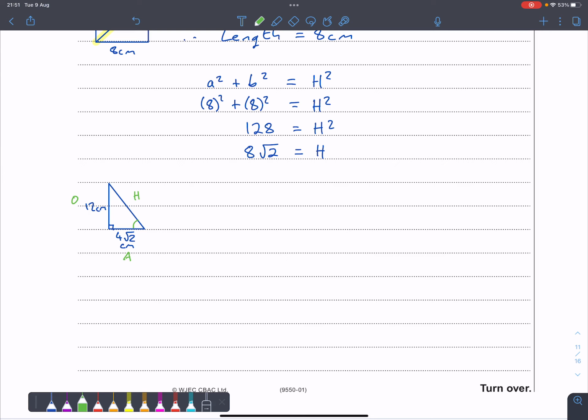So if we're looking at our SOHCAHTOA, the one that we're not using is h. So it's going to be using TOA, which is tan theta equals the opposite over adjacent. So if I put in what I know and what I don't know, so this theta I'm trying to work out, the opposite is 12 over 4 root 2.